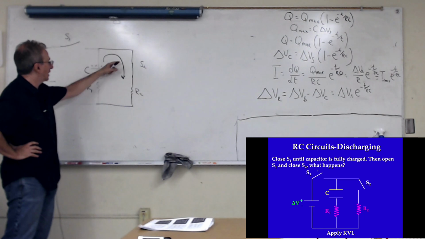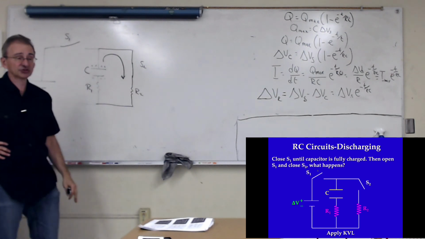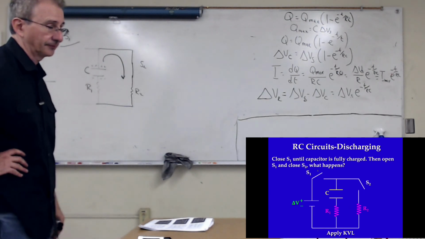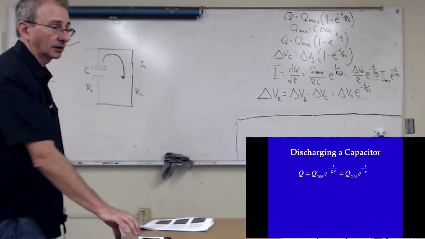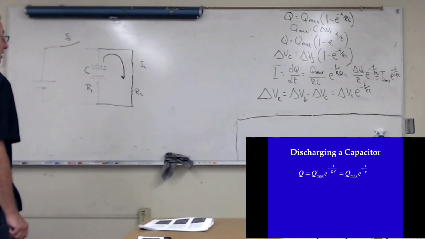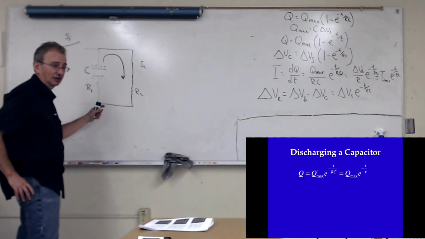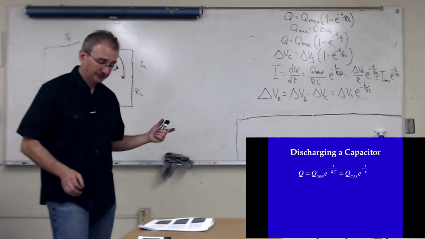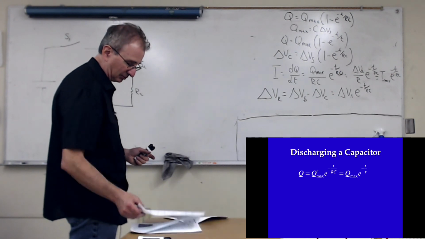And it will discharge until all the energy is dissipated because of the resistors. So I have to apply Kirchhoff's voltage rule to solve this circuit. I just have a capacitor and a resistor in series. So this is pretty easy.